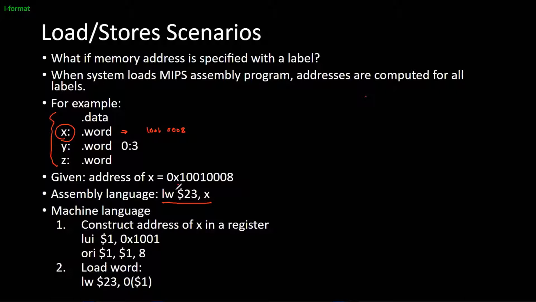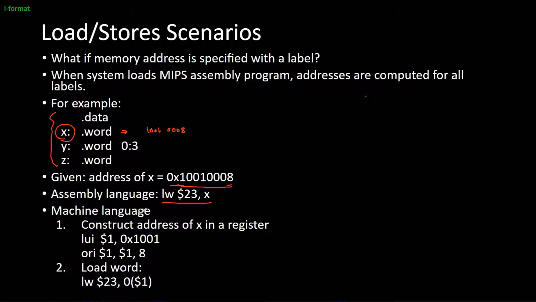Very typical, very straightforward, nothing fancy. But as I said, this is a 32-bit address. We cannot store this whole address directly into a 16-bit location that we have for I format instructions. So what happens?